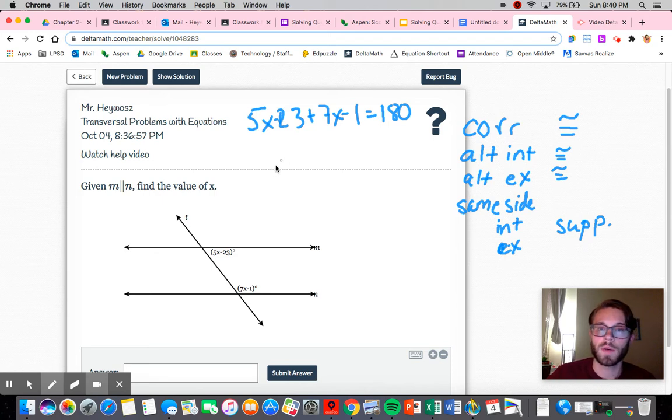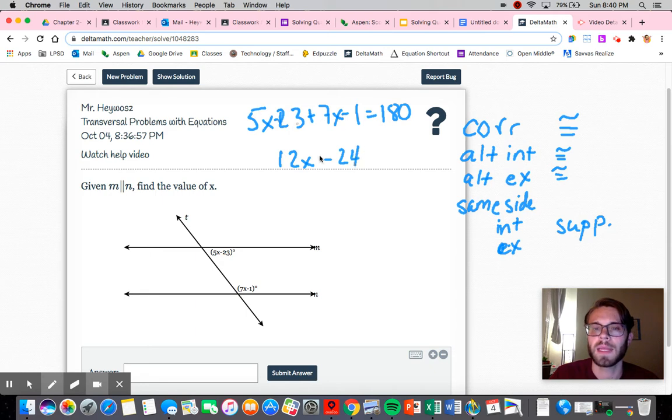Now we can combine all like terms and then solve for x by isolating the variable. So 5x plus 7x is 12x. As a reminder, we can only combine the terms with x's, and we can only combine the terms without x's. I can't just start combining the 5x and the negative 23. It doesn't work. So I have negative 23 minus 1, which is minus 24.